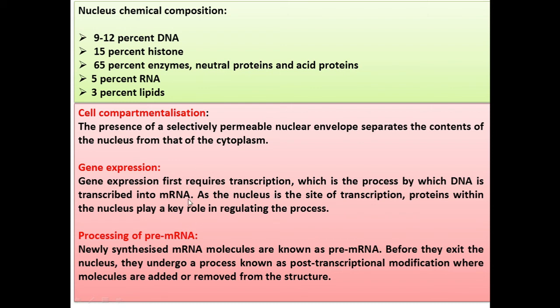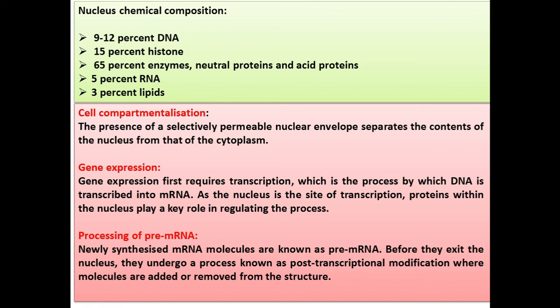Then whatever post-transcriptional modifications there are, they also happen inside the nucleus. And when mRNA comes out of the nucleus, it is in a matured form. We all know that when mRNA is synthesized, first pre-mRNA is synthesized, which undergoes 3 types of modifications that I will explain in the coming lectures.